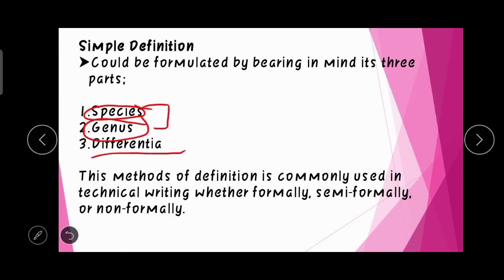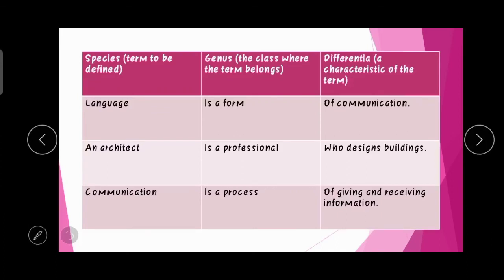For further explanation, here are the examples. Language is a form of communication. The word language is the species or the term to be defined. A genus is always connected with a species by a linking verb. The linking verb here is the word is, and a is a determiner.